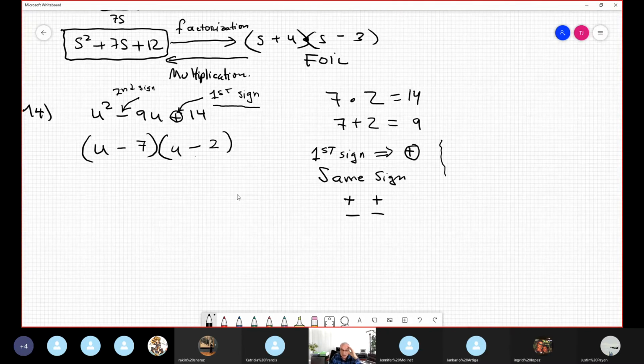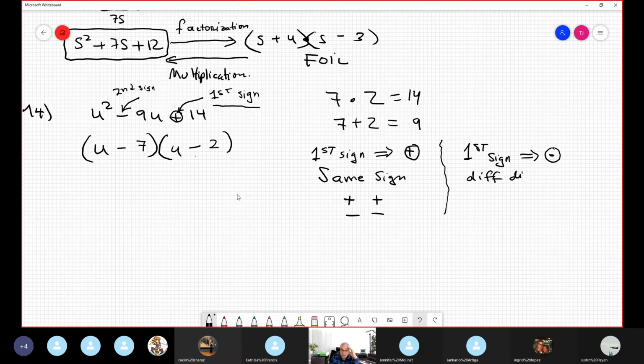However, when the first sign is negative, we have different signs. So the control of the sign is given by the first sign.